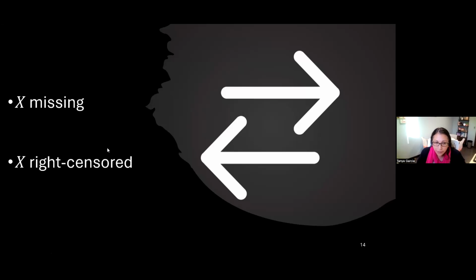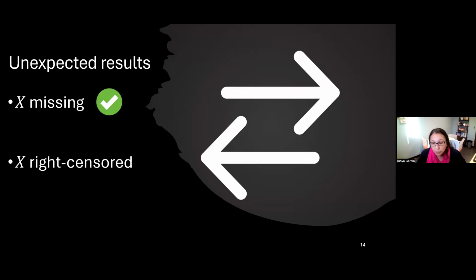But when we did that, we got some unexpected results. When we took methods designed for the case where X is missing, the methods worked beautifully. They gave us the results that we were absolutely expecting. But when we took those same methods and applied them to the case where X is right-censored, the methods did not perform well at all.